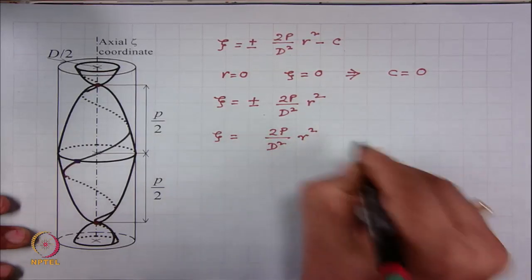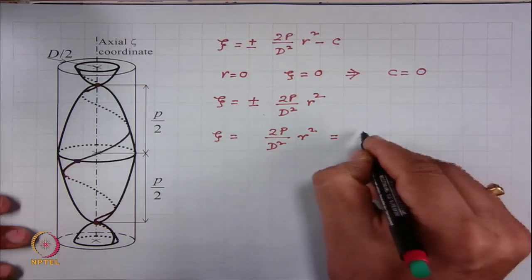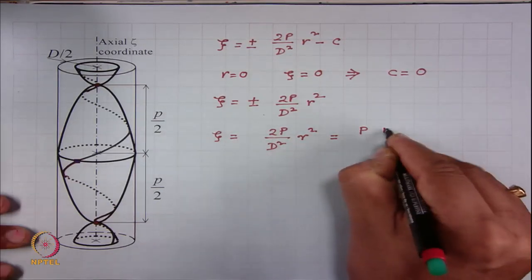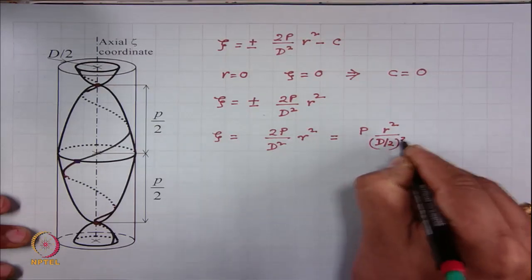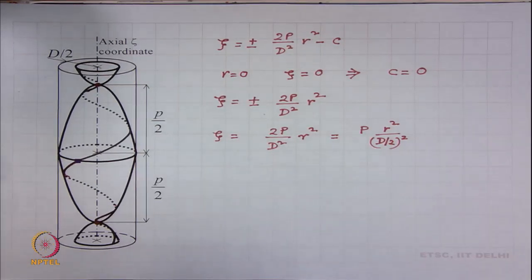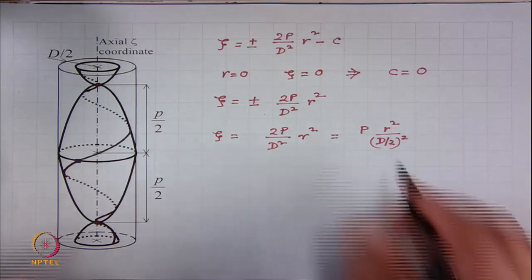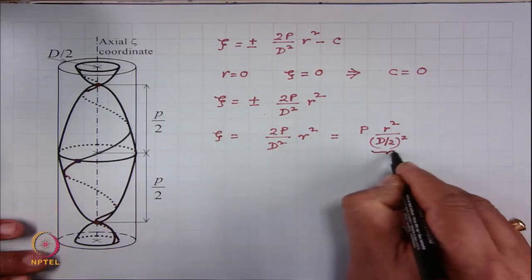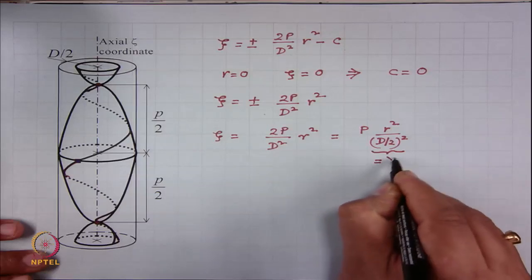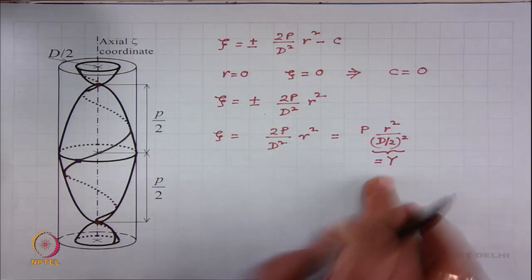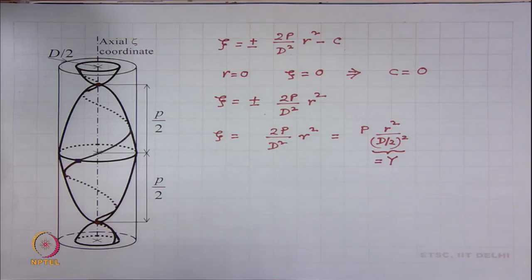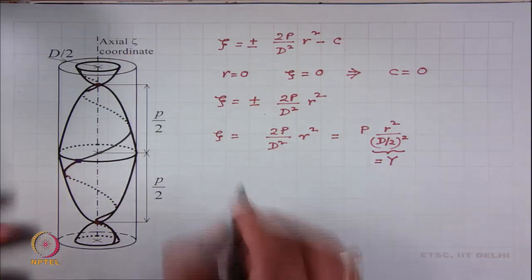r square. This we can further write p r square by d by 2 square. This r square by d by 2 square, let us consider this as capital Y, because we can measure this. D is measurable and r is also measurable by tracer fiber technique and all. So, then what do we find?